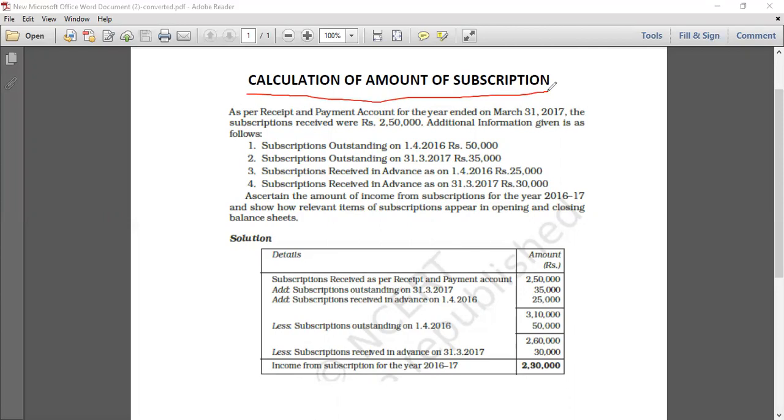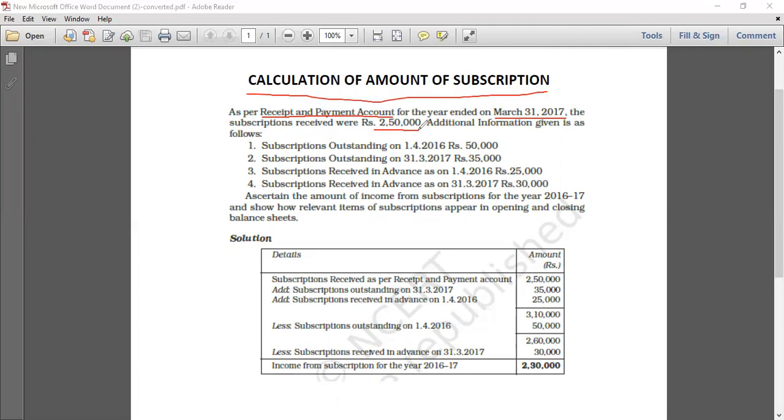For example, as per the receipt and payment account for the year ended 31st March 2017, that means for the current year, we have received a total of 2,50,000 as a whole.